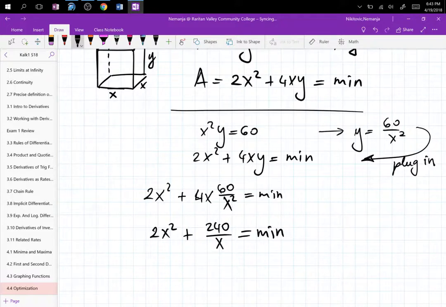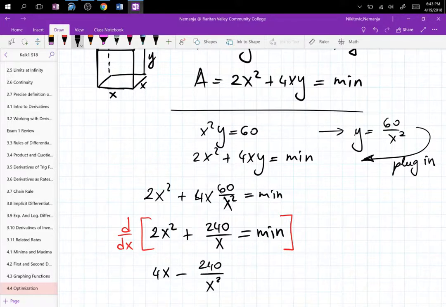And there it is. I have a single equation which only contains x, and that's the time when I hit it with a derivative. So what do I do? Well, just take the derivative. It's 4x minus 240 over x squared equals 0.